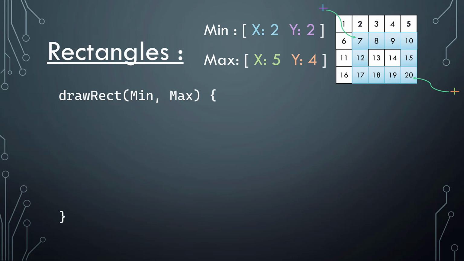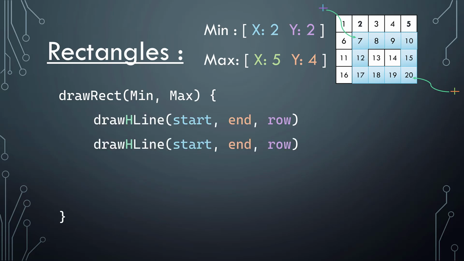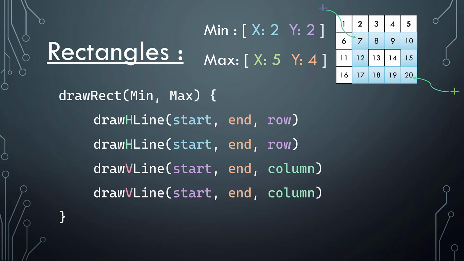So if we have a draw rect procedure that just gets 2 points, min and max, we need to draw 2 horizontal lines, that will draw the top and the bottom horizontal line, and then the left and the right vertical lines, the different column.